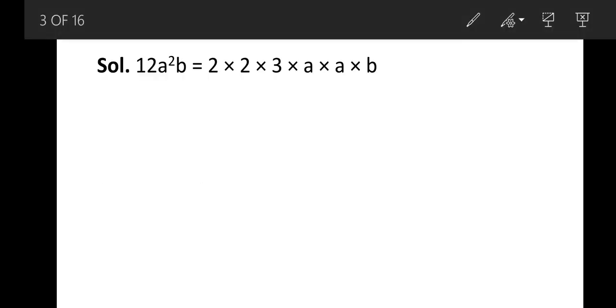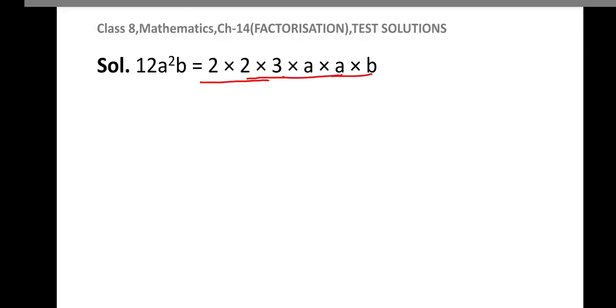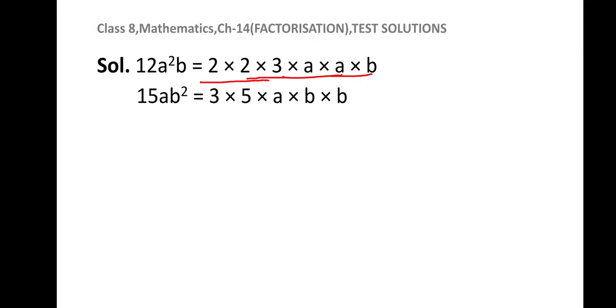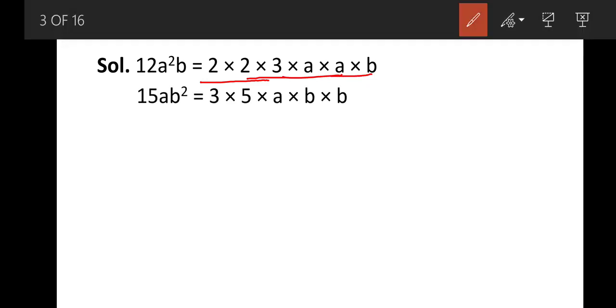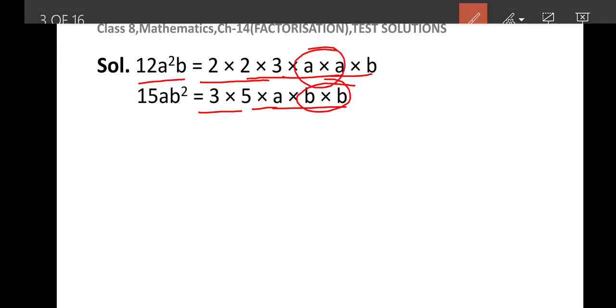First of all, I have written 12a square b as 2 into 2 into 3 into a twice, so I have written a square into b. 15ab square will be written as 3 into 5 into a into b, because b square was there, so b is written twice. In 12a square b term, a square was there, so a is written twice.